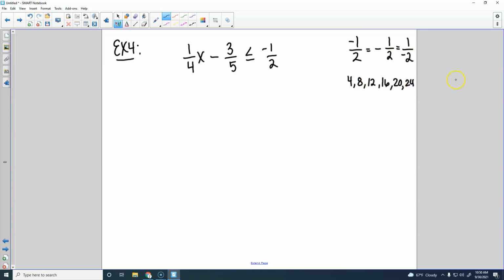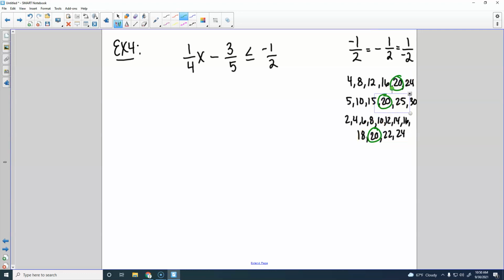That goes on and on forever, right? 5, 10, 15, 20, 25, 30, right? 2, 4, 6, 8, 10, 12, 14, 16, and you keep going, 18, 20, 22, 24. What you're looking for is the first number that shows up in all three lists. So 20 is the lowest number that shows up in all three lists.